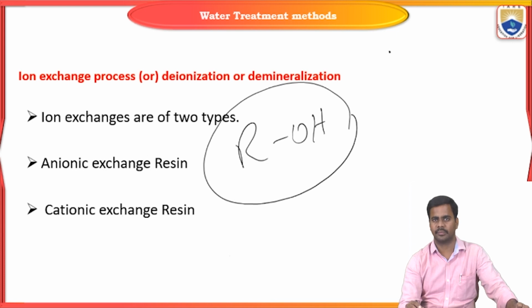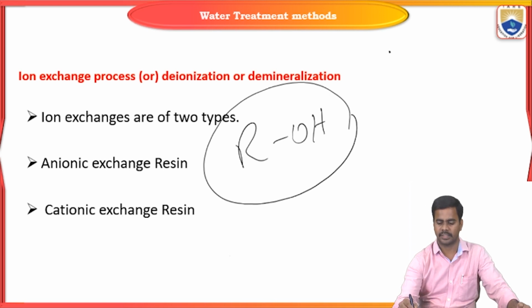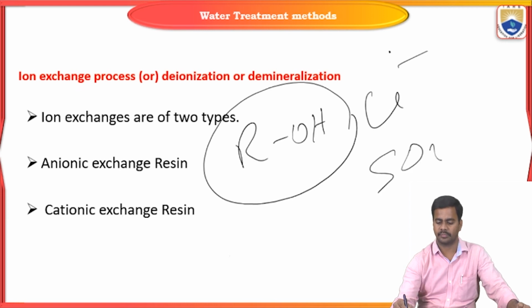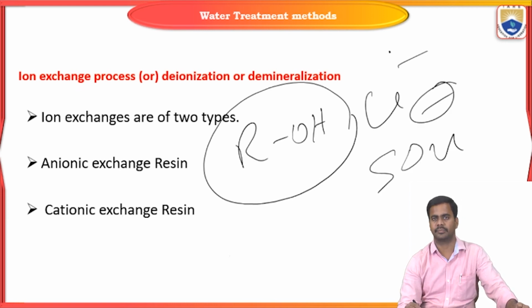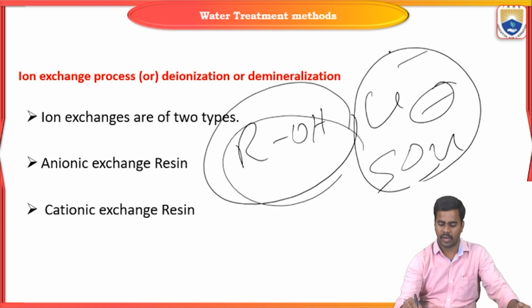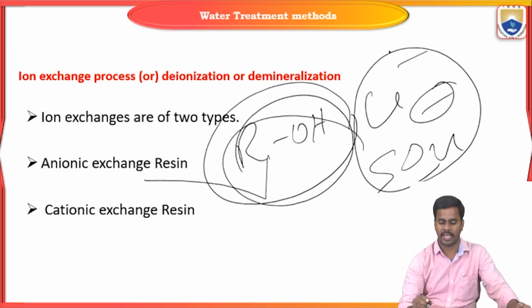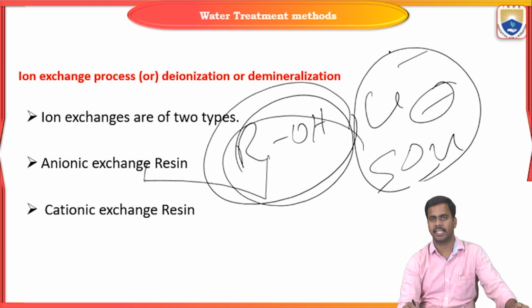So we know which type of anions cause hardness to the water, that is Cl minus, SO4 minus and so on. These types of anions we can remove by using ROH. Here ROH acts as an anionic exchange resin.